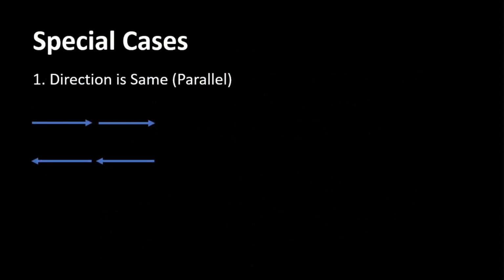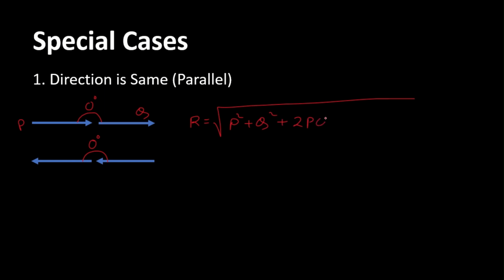Now we will learn the three special cases. Number one, what if the direction is same like this? The direction is same means parallel to each other. Here the angle between these two is 0. So R equals to root over P square plus Q square plus 2PQ cos 0 degree.